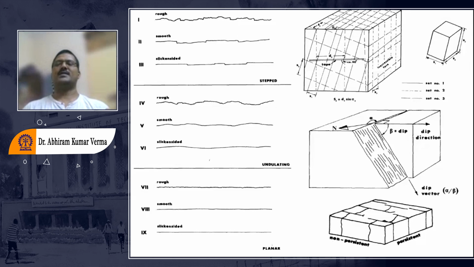We conceptualize these arbitrarily oriented joints into a simple block shape, by assuming that a cuboid is formed with these average set discontinuities, with the sides being S1, S2, and S3. This forms a block, and the volume will be S1 into S2 into S3. So we are simplifying our model.